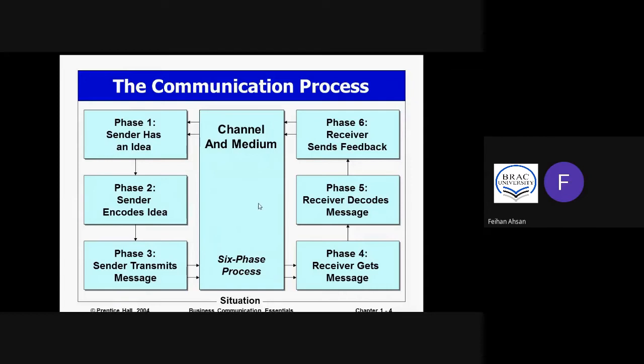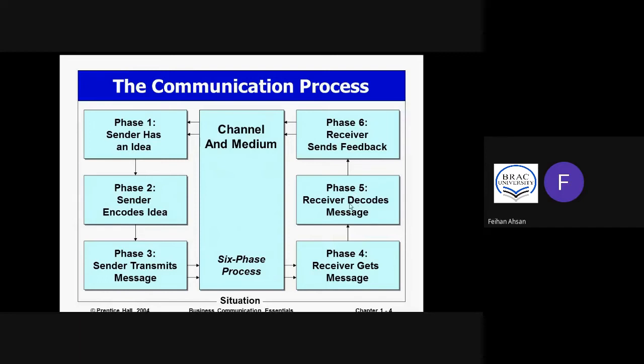Now, the channel conveys the message to the receiver. It might be electronic, it might be hard copy letter where you just drop it, or if you're just talking with someone face to face, the channel, the medium is just air. There's nothing. You're just talking to that other person. The information flows through air. The receiver gets the message, and in phase 5, the receiver decodes the message.